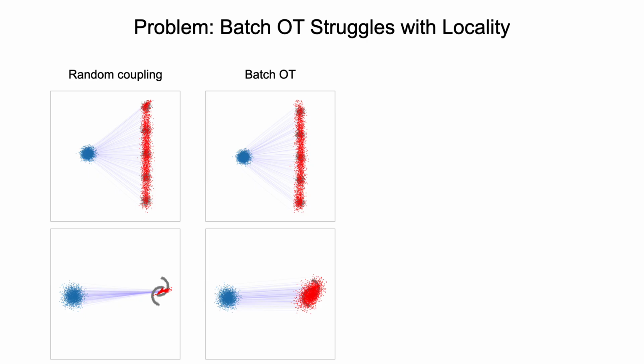One common workaround is batch OT, which is what OT-CFM does. The idea is really simple. Instead of solving global OT, just solve it within each mini batch. If you compare the two columns, batch OT does help a little bit. The lines look slightly cleaner than random coupling, but the improvement is still mostly local.